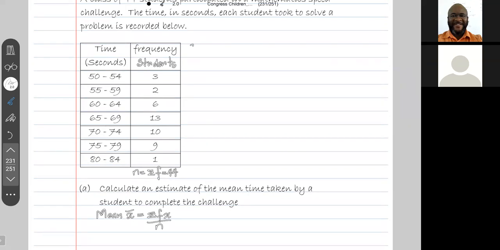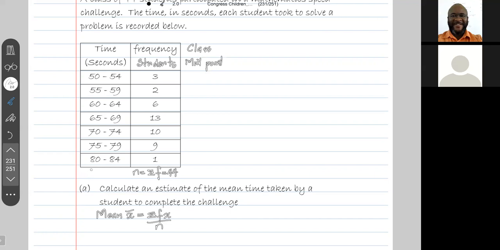So I'm going to put in a column, class midpoint. Now, to get the class midpoint, I'm going to add the lower limit and the upper limit and divide by 2.